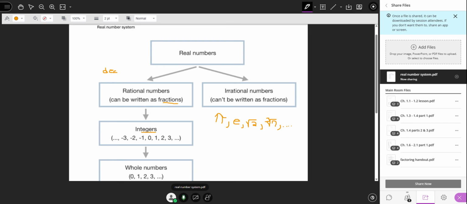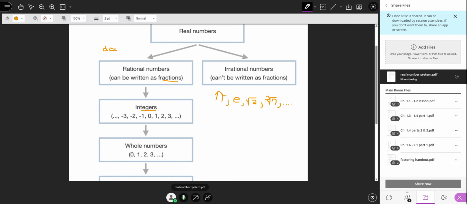And when I say decimals, I mean terminating decimals like 2.5. And I mean repeating decimals like 1/3, which is 0.3333333333333, etc., etc., etc. Okay?